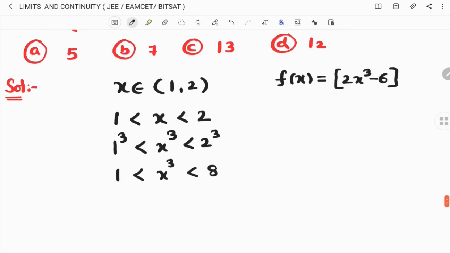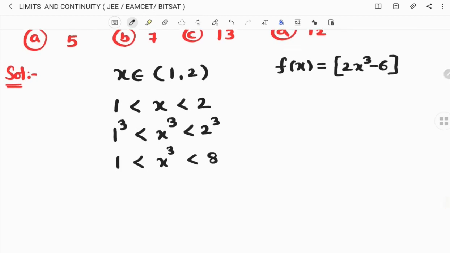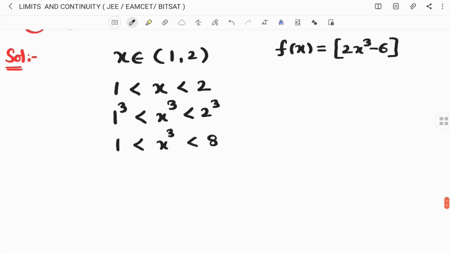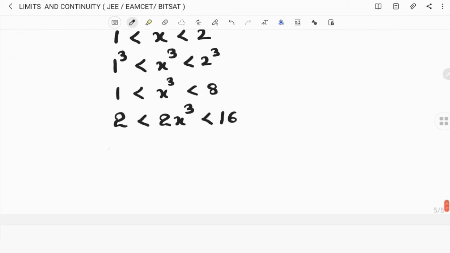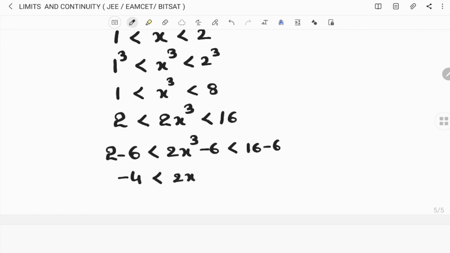After that I want 2x cube, so multiplying each and every term by 2: 2 into 1 is less than 2 into x cube is less than 2 into 8, which is 16. After that I want 2x cube minus 6, so subtract 6 from every term: 2 minus 6 is less than 2x cube minus 6 is less than 16 minus 6. So you will get minus 4 is less than 2x cube minus 6 is less than 10.